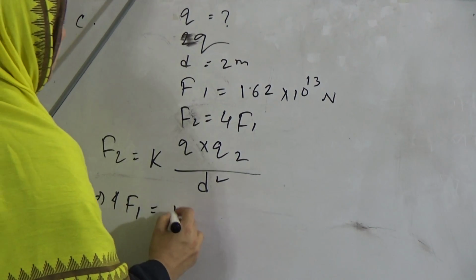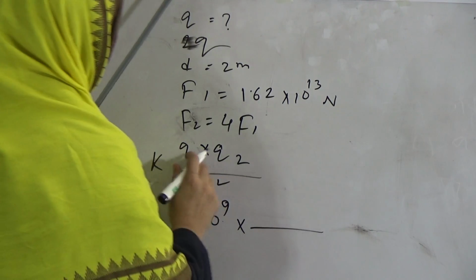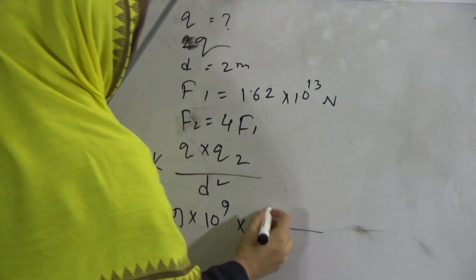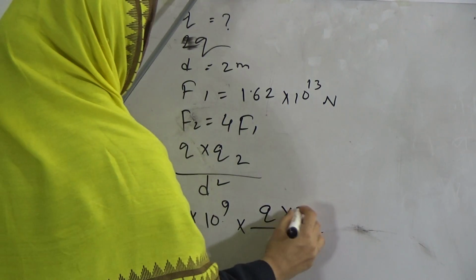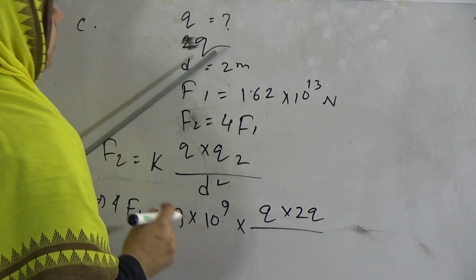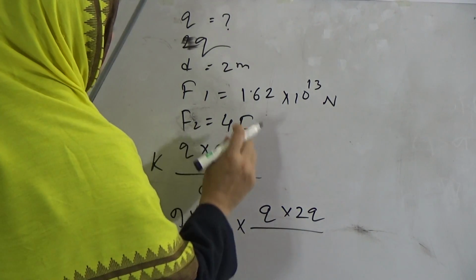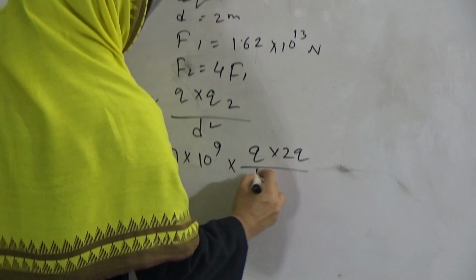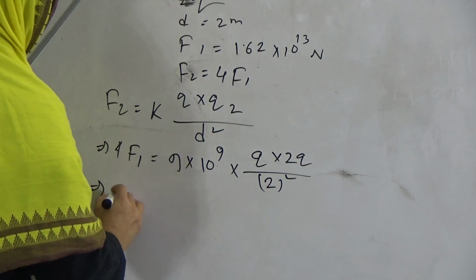K means 9 into 10 to the power 9, into Q, the first charge, and the second charge 2Q, divided by d, here 2 meters, so it will be 2 whole square.